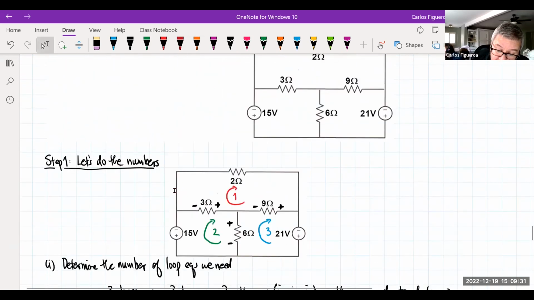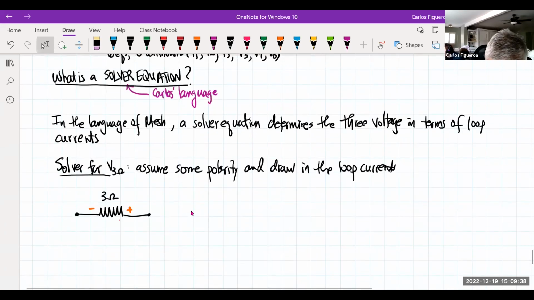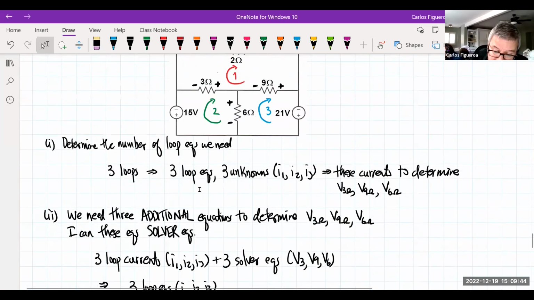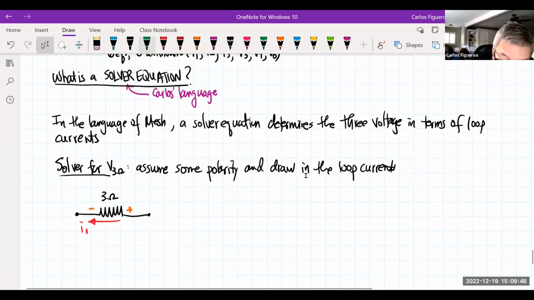The red current, as it flows around, goes from positive to negative. So this current is going in this direction, and that's going to be I1. Now, across that resistor there's the green current in the opposite direction, so this guy has to be I2.